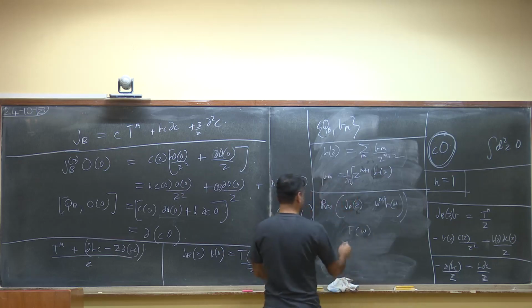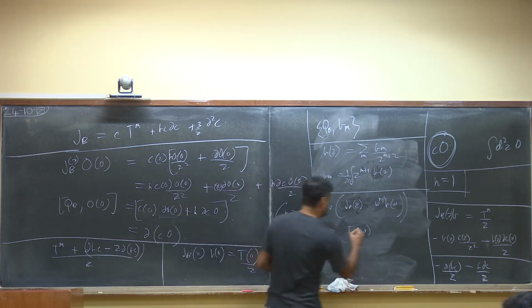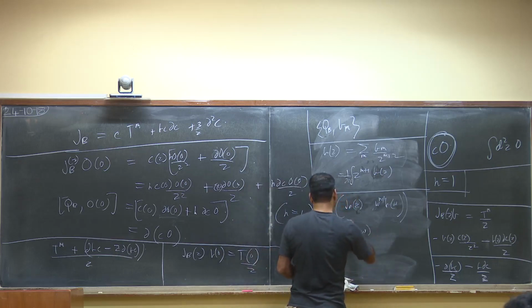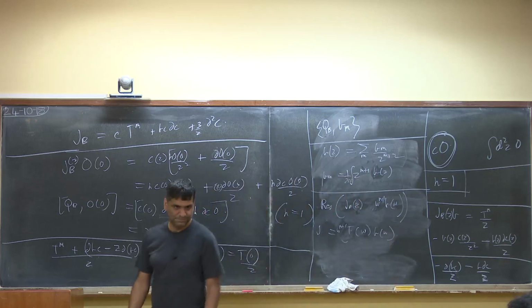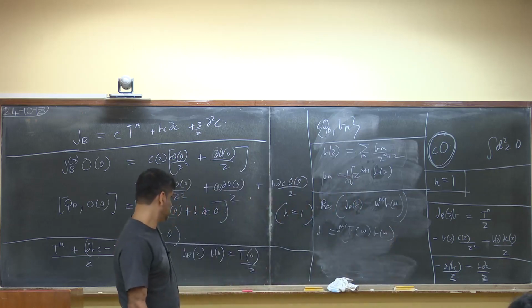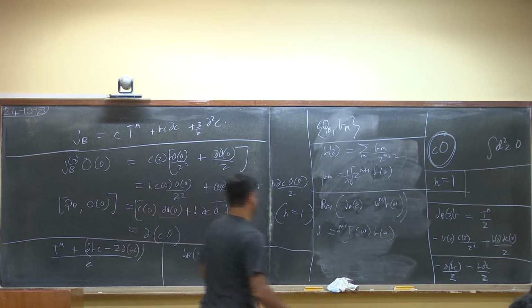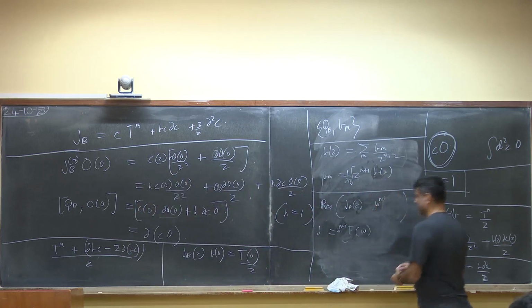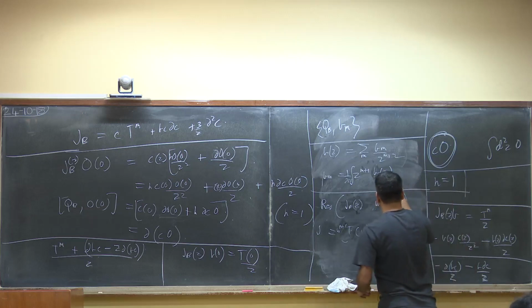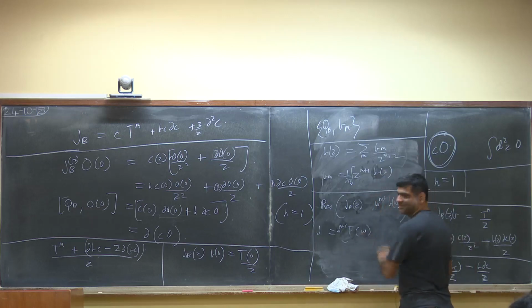So this is the charge whose current is T of W, W to the power m plus 1. Sorry, there was a B of W here, but not here.